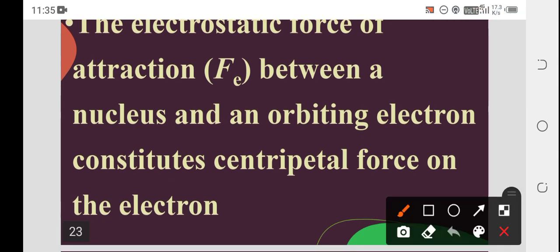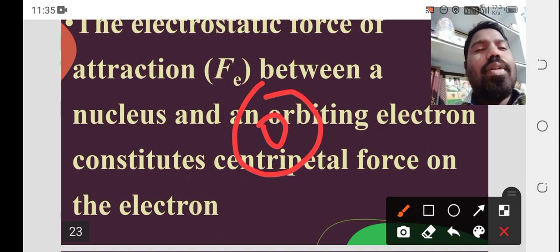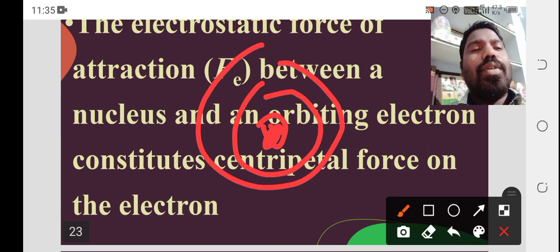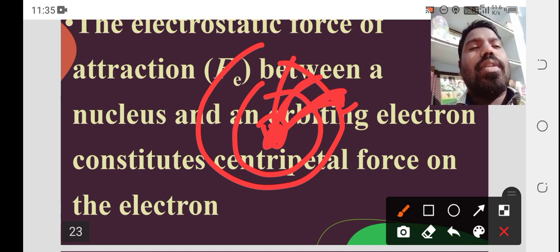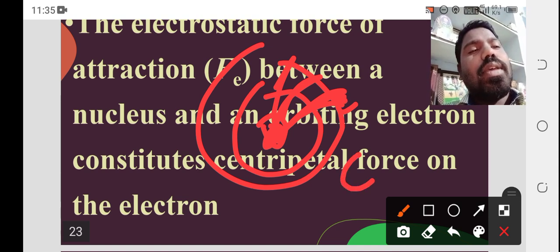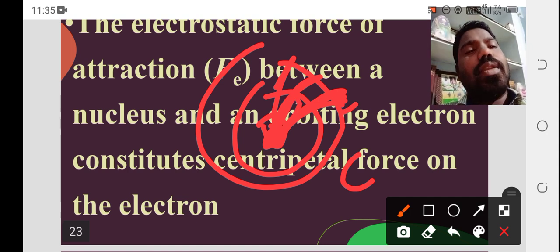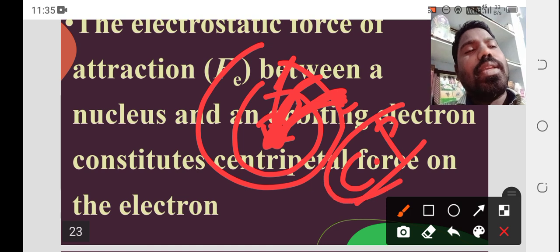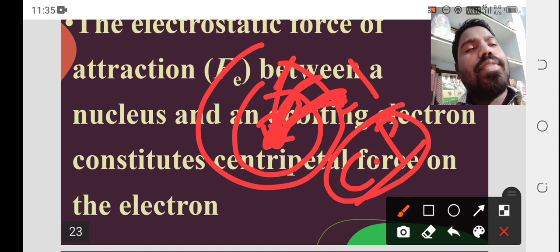If you consider this is the nucleus, the electron is revolving around the nucleus because the electron wants to reach the nucleus. That is the reason there is an attractive force existing between the nucleus and electron. This attractive force is called the centripetal force.